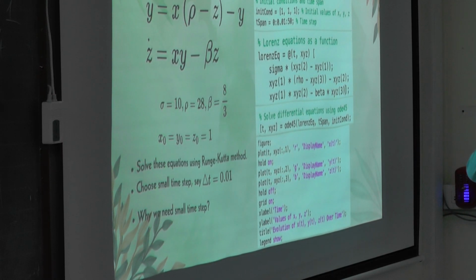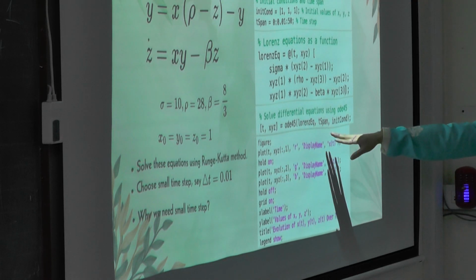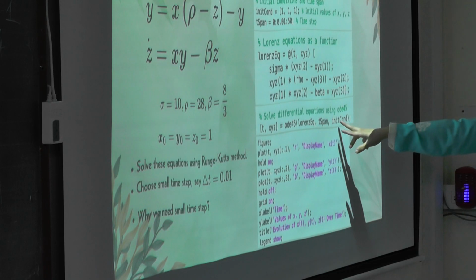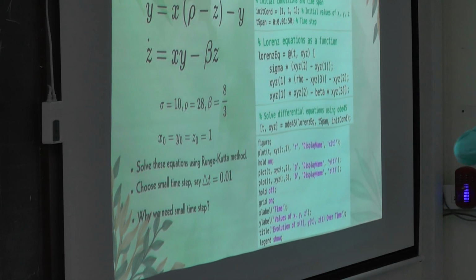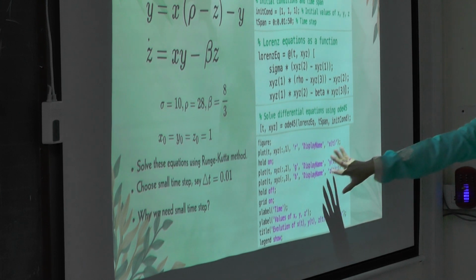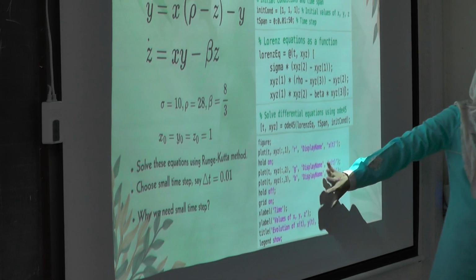We use this function because we have the time span and the initial condition, so it will start from the initial condition to run. And this one, I would like for you to have the time series first. That's why here I plotted the time series.